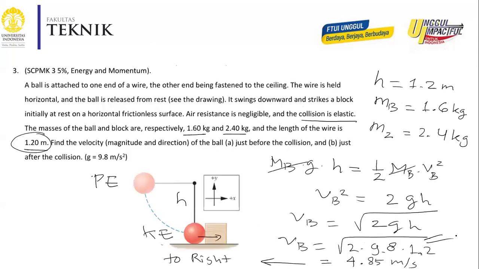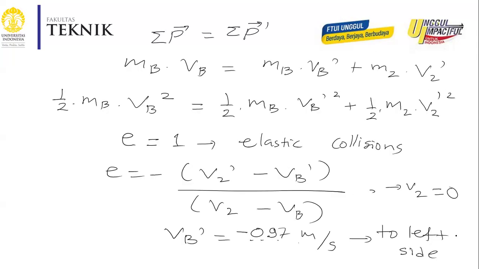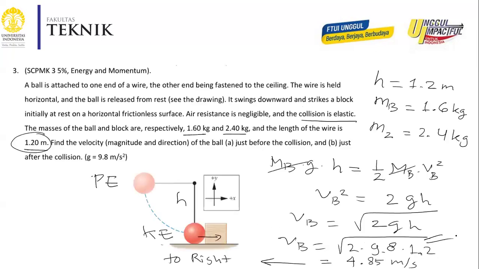It means that after collision, the ball back to left side. But the velocity will be slower. Only 0.97. The first velocity is 4.85. You understand, right? So the initial velocity of the ball, and then final velocity of the ball.